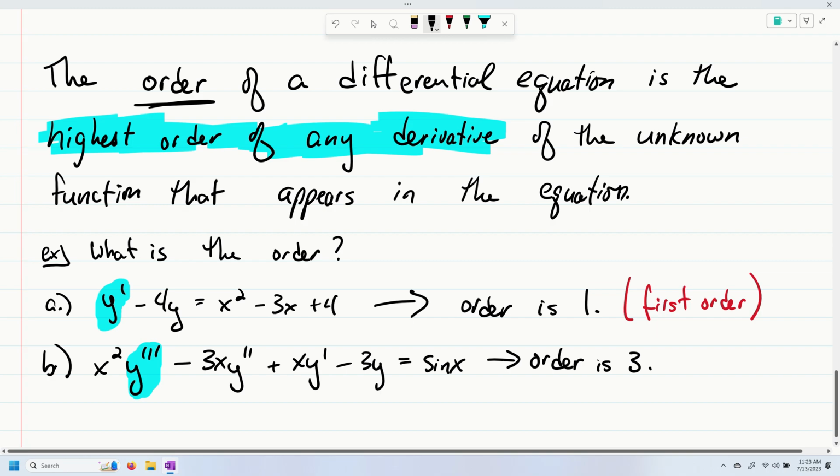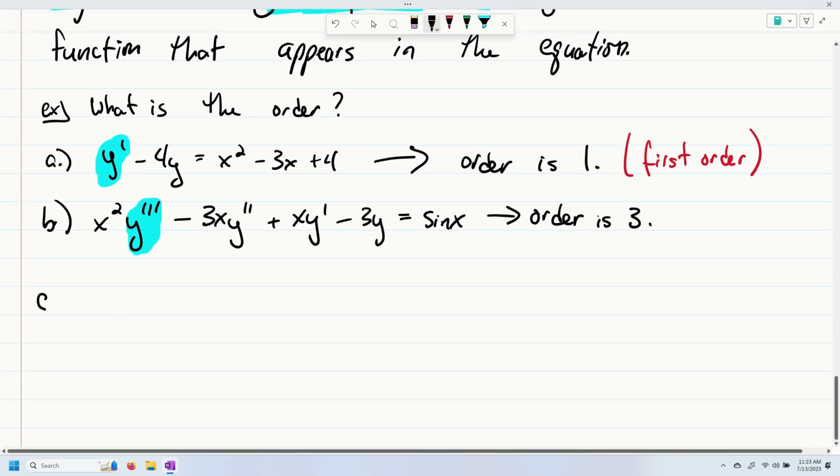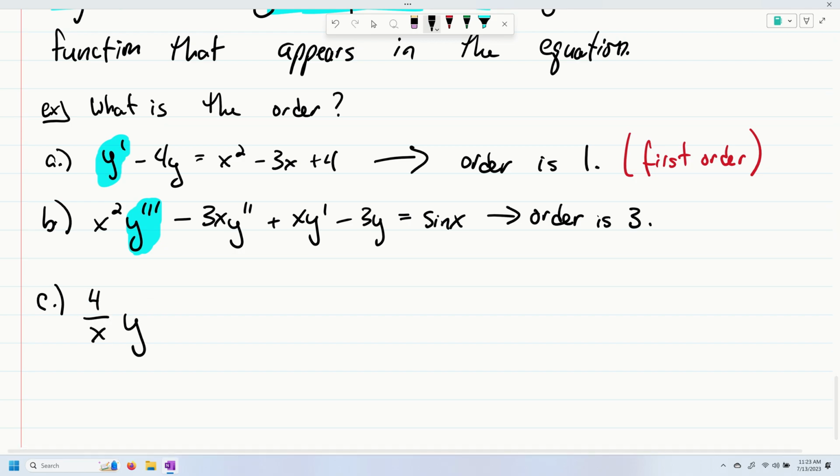Now, the last example here, we have 4 over x. And anytime you have an exponent that is in parentheses like this, that's a derivative. Like, that is the notation we use from here on out. So, this y is the 4th derivative.